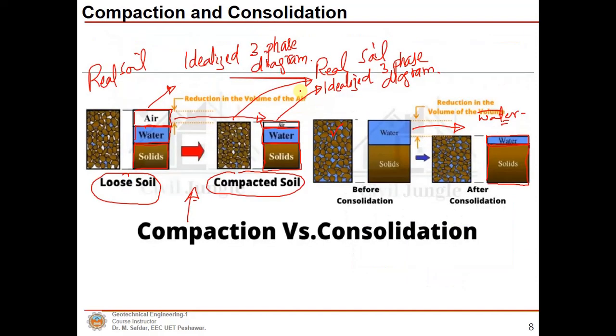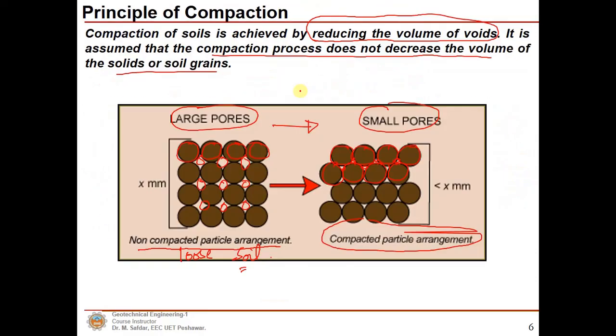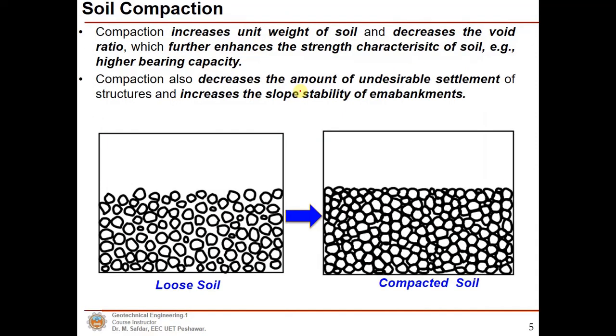So initially, if it was difficult to compact this soil, or even this one, and if you add water into it, it will lubricate and soften during the compaction process.